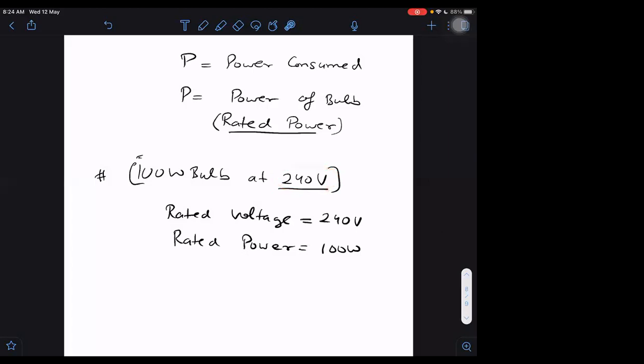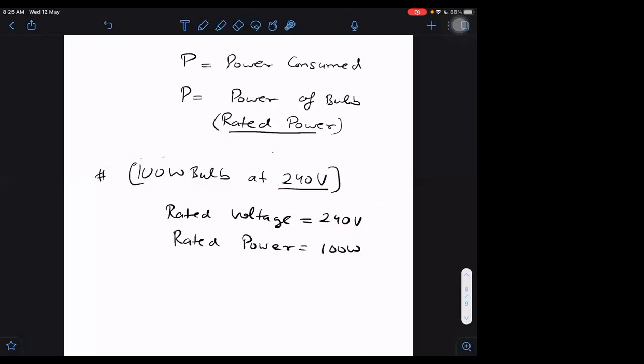What is the point of saying it again and again when it is always fixed? So sometimes they don't mention 240, but we should understand that by default it should be 240 volt.